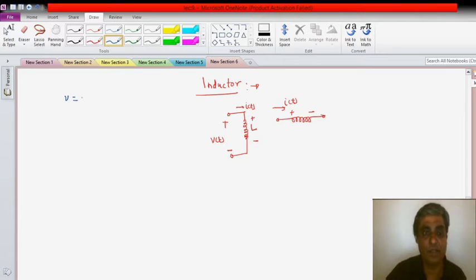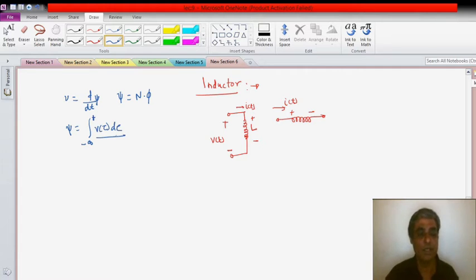We can write the EMF induced as some constant times the rate of change of flux linkage psi, where psi is the flux linkage, which you can express as the number of conductors times the magnetic flux. And its integral form will be: psi equals the integral from minus infinity to t of V of tau d tau. This will be my integral form.